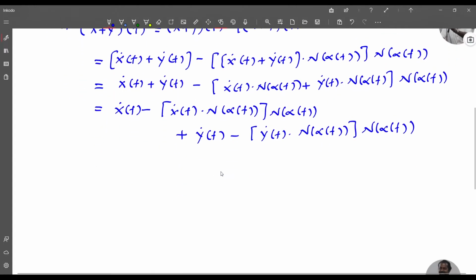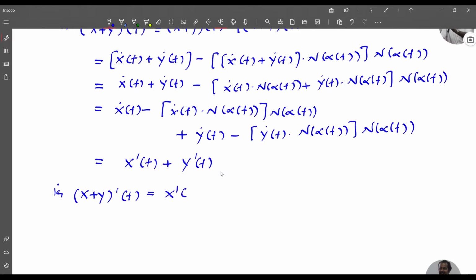So that is equal to x prime of t plus y prime of t, that is, the covariant derivative of (x plus y) is x prime of t plus y prime of t.